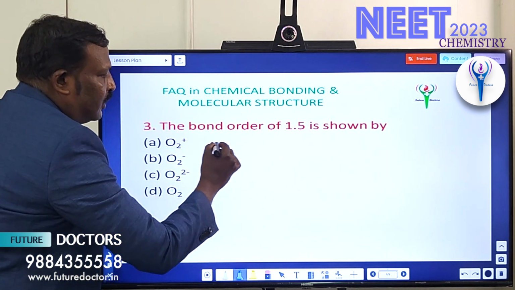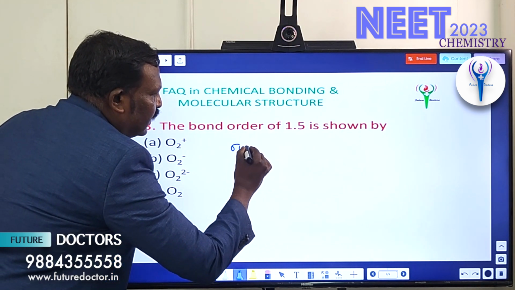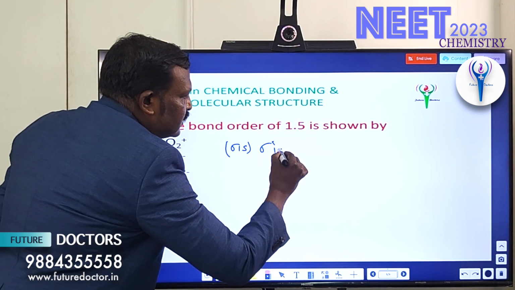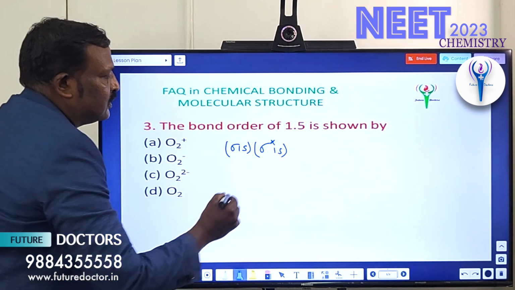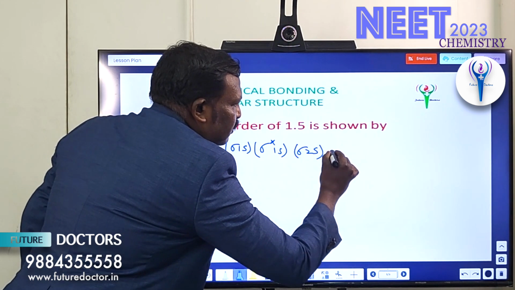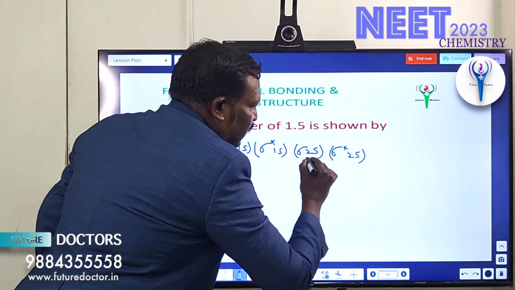First I write the molecular orbital arrangements. You know that sigma 1s, sigma star 1s. Sigma star means antibonding. Understood? Sigma 2s, sigma star 2s, bonding, antibonding.